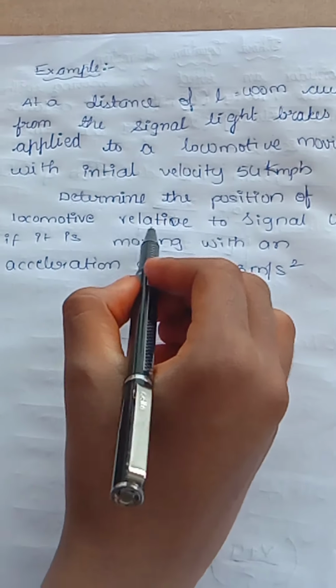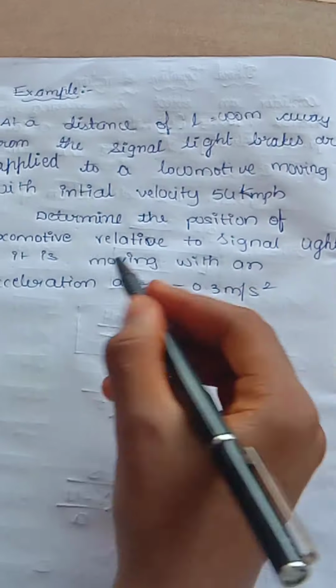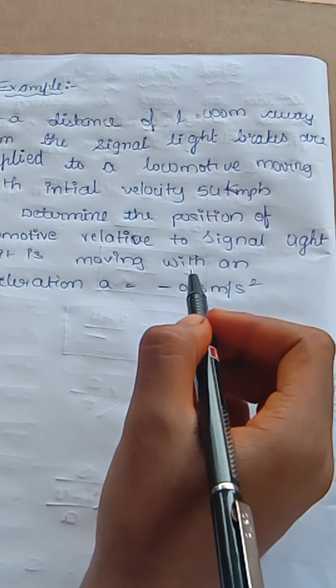Determine the position of the locomotive relative to the signal light if it is moving with an acceleration a is equal to minus 0.3 meter per second square.